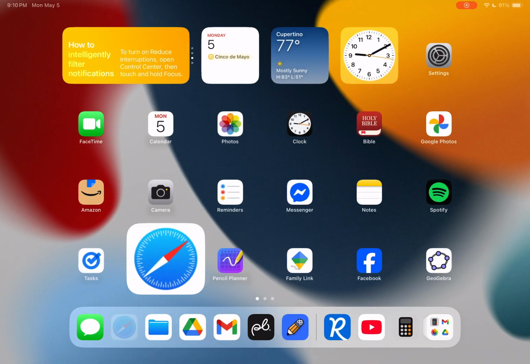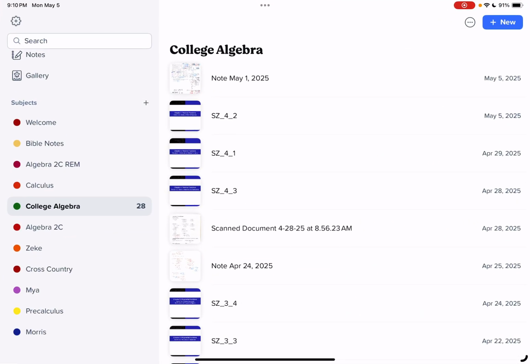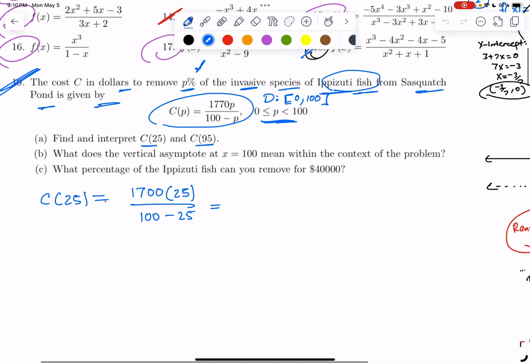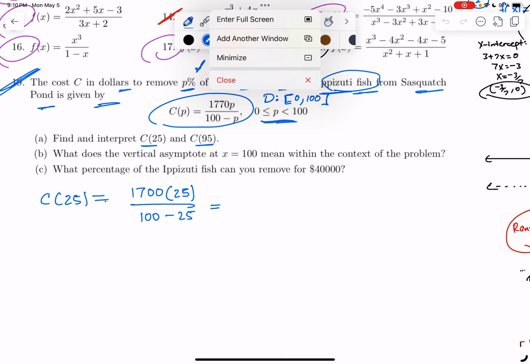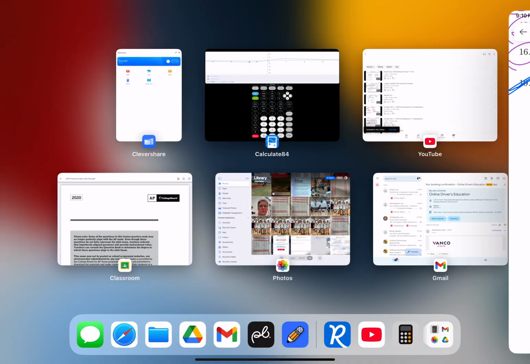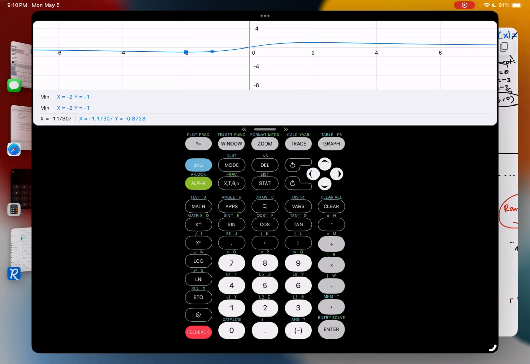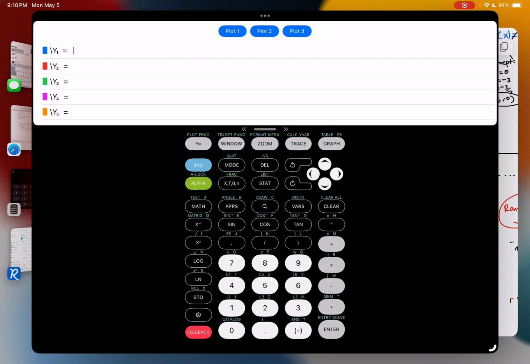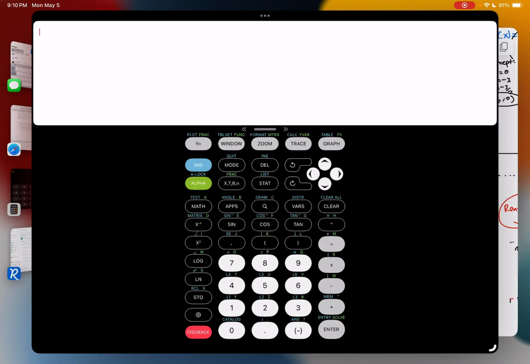So let's see here. If I use my calculator, I'll split my screen so you can see this. Okay, we go to a home screen. I'm going to type this in.